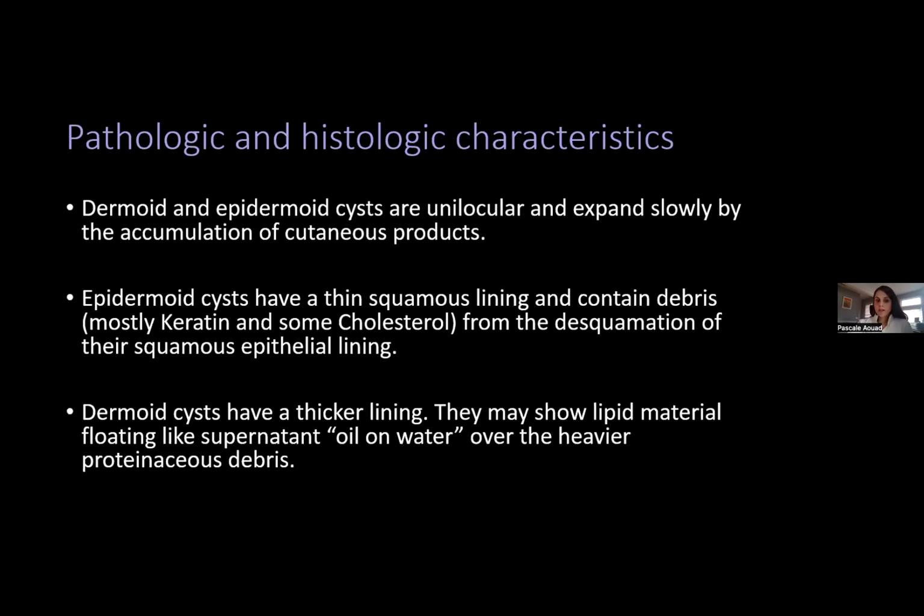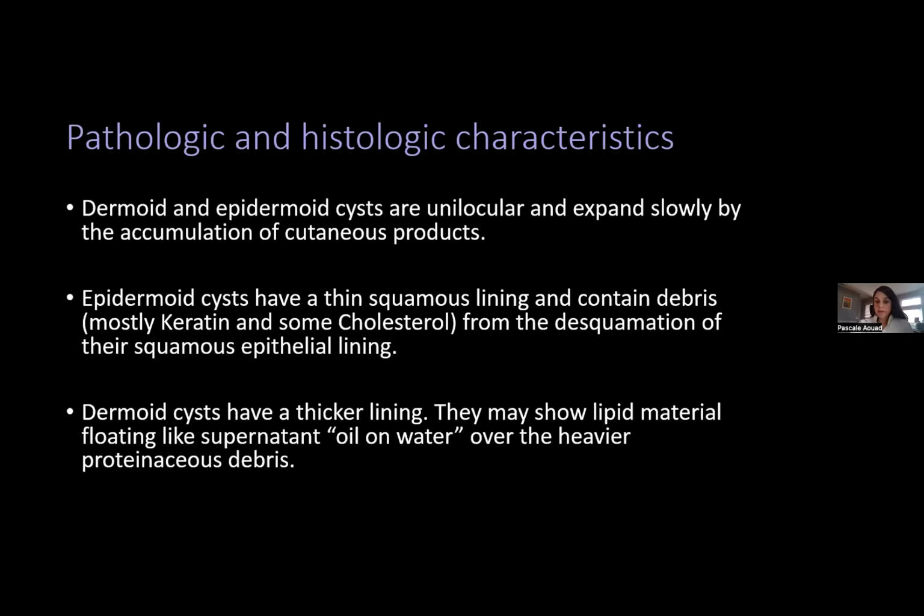Regarding the pathologic and histologic characteristics, dermoids are unilocular cysts. They will expand slowly by accumulation of the cutaneous products from the wall of the cyst. Epidermoid cysts have a thin squamous lining, and they contain debris, mostly keratin and some cholesterol. The cholesterol derives from the breakdown of the cell membrane.